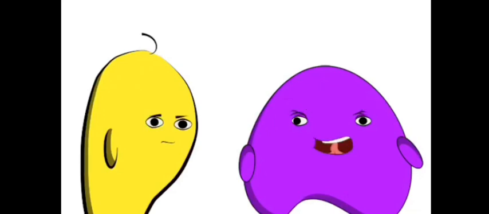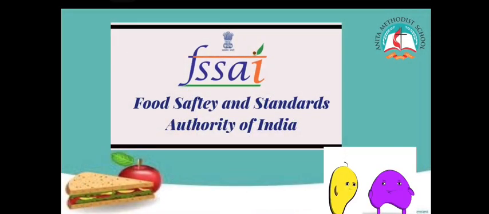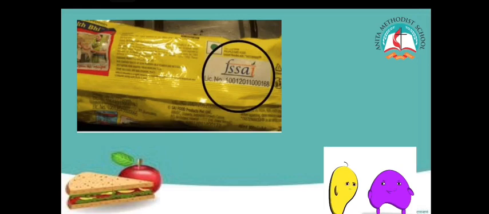David, why do you look worried? I'm worried because I feel the food we eat is adulterated. What do you think? Friend, our government checks the quality of the food and approves. It is called FSSAI. So always buy packed food with the FSSAI mark.